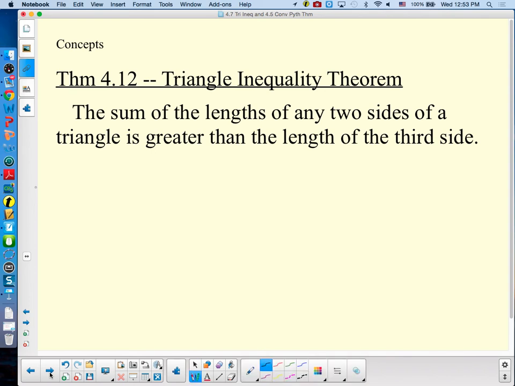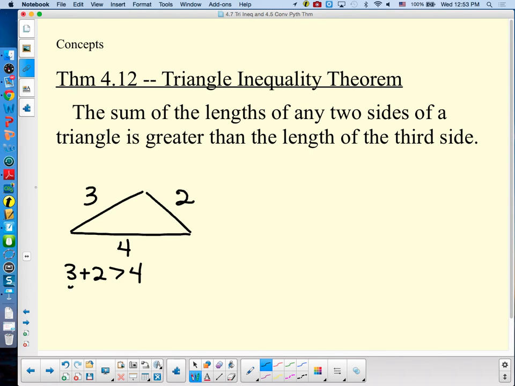So what would be some numbers I could put here? We could show what we just did. We'll just make up some numbers. 3 and 2 and 4 would make a triangle because 3 plus 2 is greater than 4. 2 plus 4 is greater than 3. And 3 plus 4 is greater than 2.